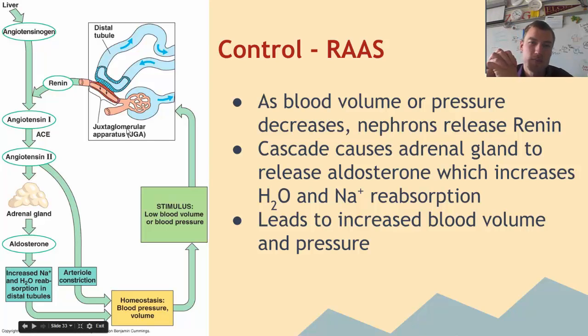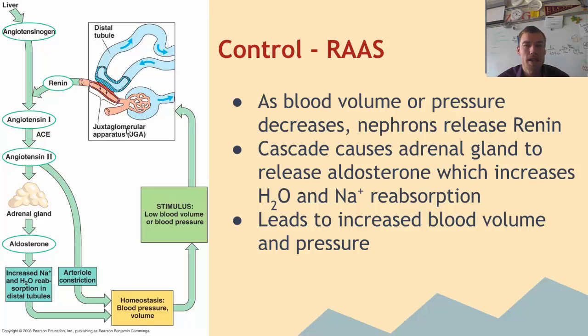You don't need to know what it specifically is called, but this renin causes a cascade, which eventually tells the adrenal glands to release aldosterone, and aldosterone is going to increase water and sodium reabsorption, and that is going to increase blood pressure.